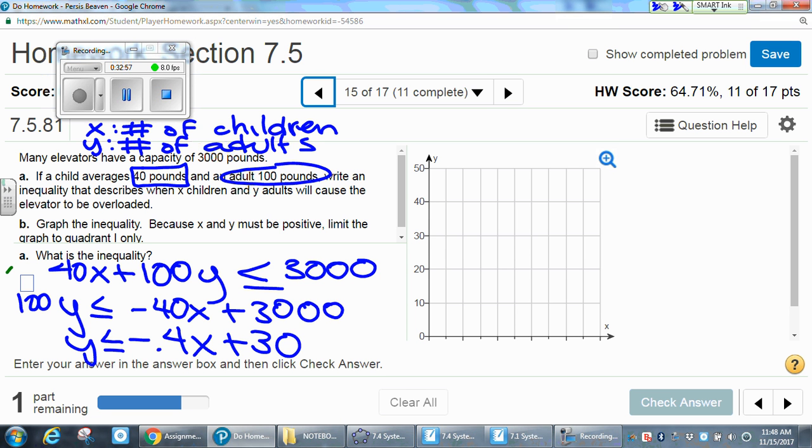And that's how you create your equation. Then, of course, you have to graph it, by using the y-intercept and the slope, or you could substitute two x values to find the y values.